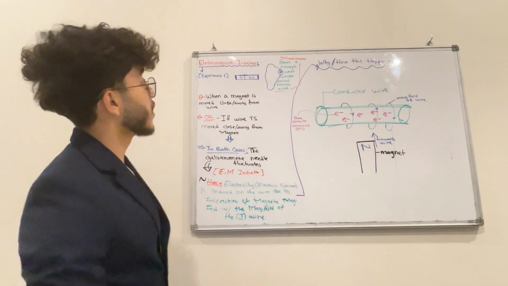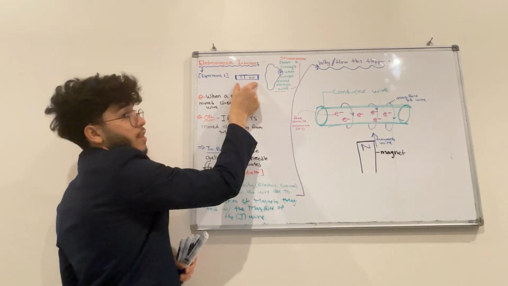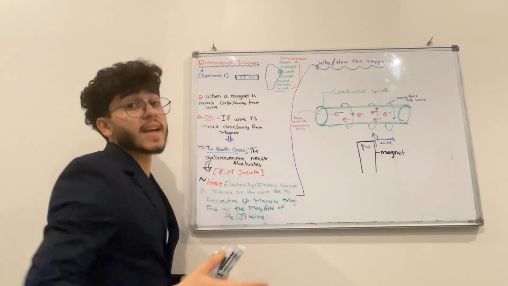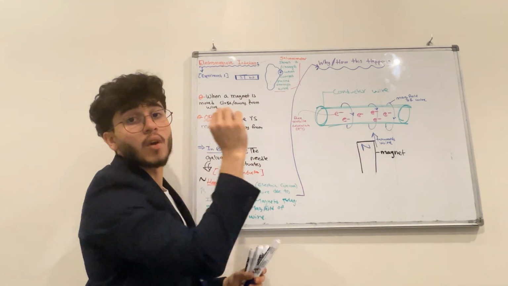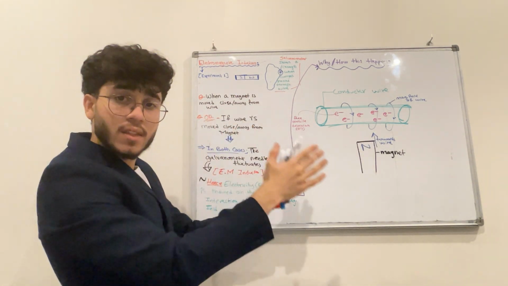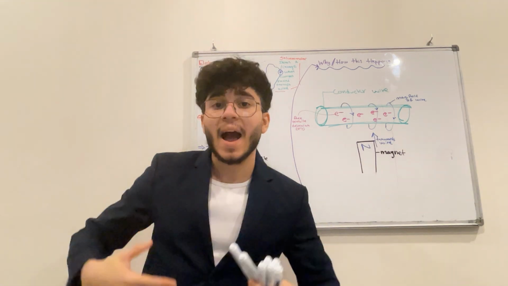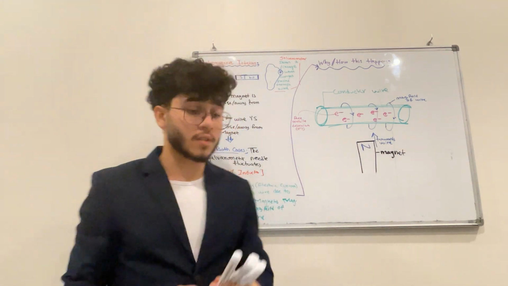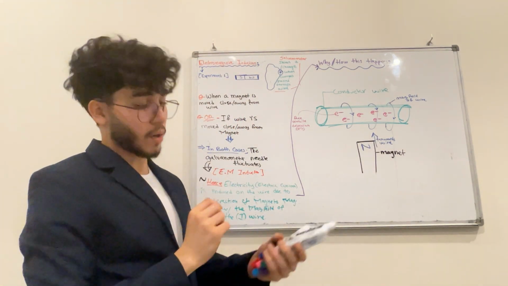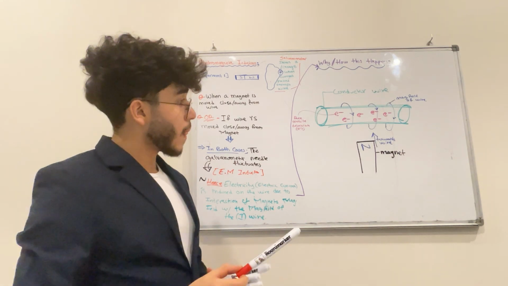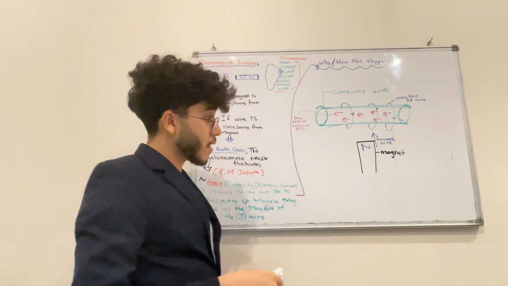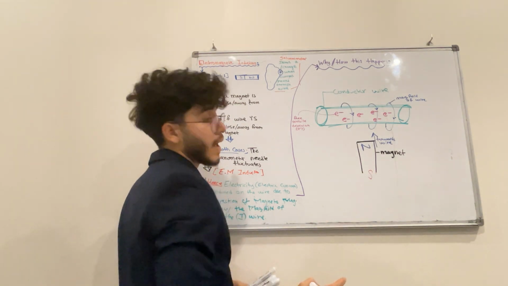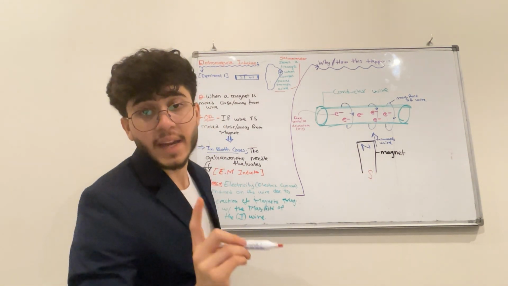Now, what we did over here, when we brought the magnet close to the wire, we said a current was induced. Now we are zooming into the wire. We are going inside the wire to understand how current was induced. Okay? Look at this part carefully. The magnet itself has a magnetic field.